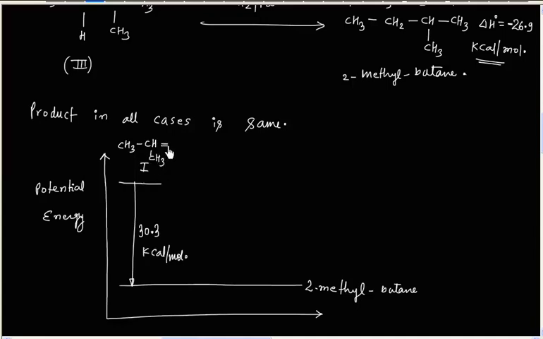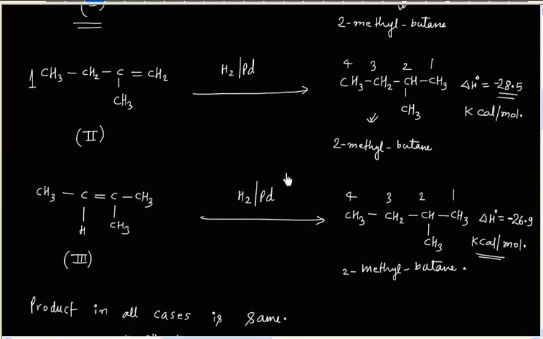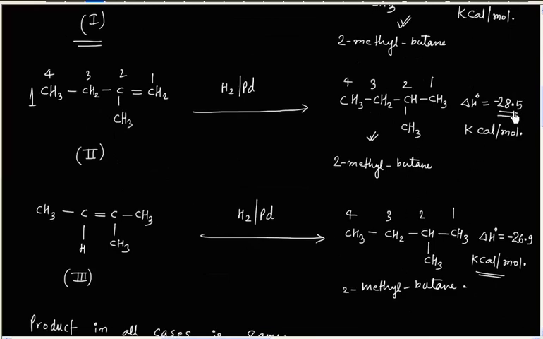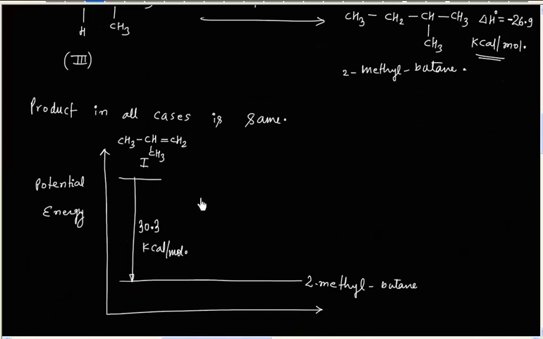So we have this molecule. Now the next molecule we have, that is 2-methyl 1-butene, and in this case heat of hydrogenation value is 28.5. So we should have slightly lower value because this energy is only 28.5. And the final product is same, that is 2-methyl butane.